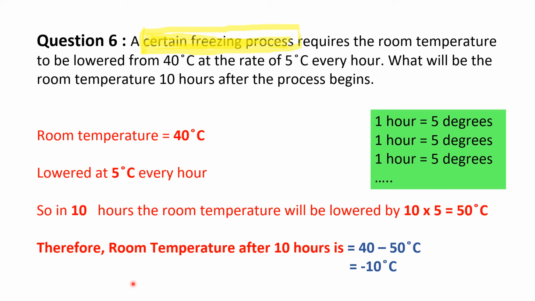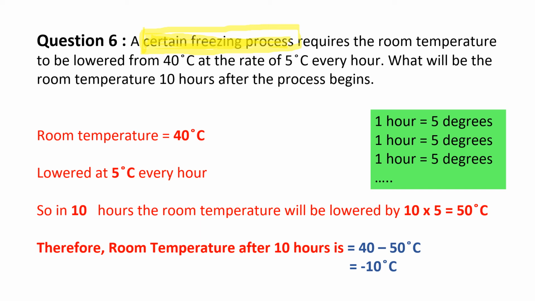So they're telling us a certain freezing process requires the room temperature. Room temperature means the temperature in that room, right? So the temperature in the room is 40 degrees Celsius, that is given to us. And in order to make that freezing process, we have to lower the temperature at 5 degrees Celsius every hour.